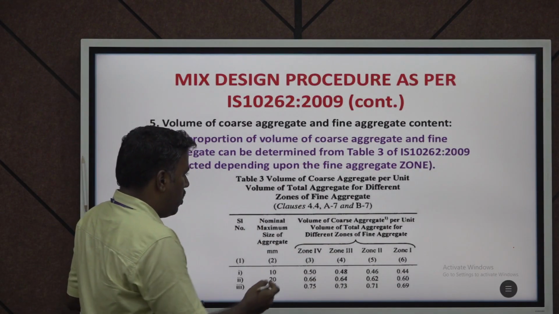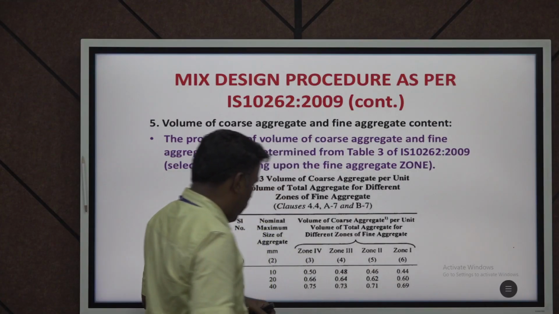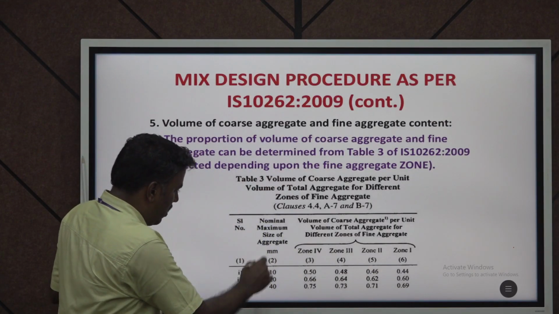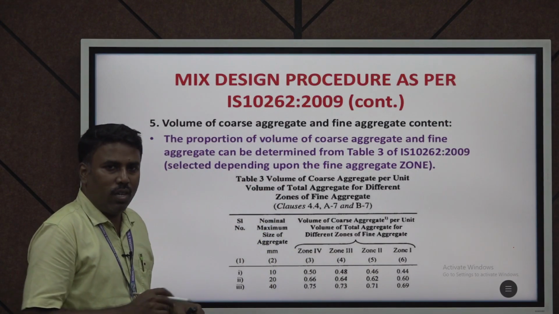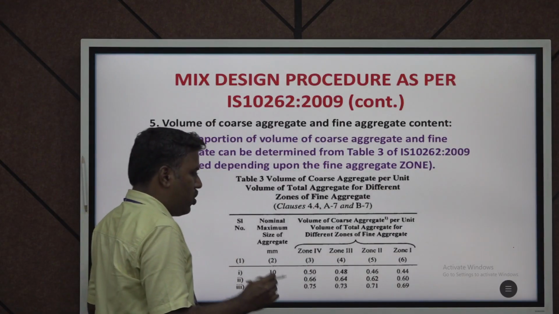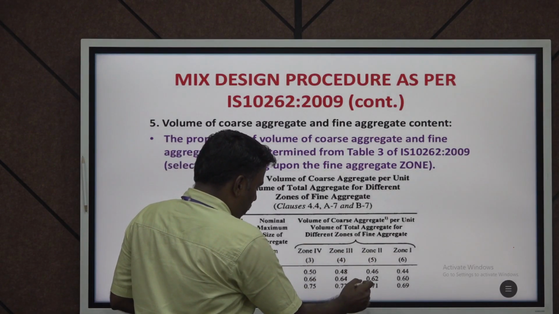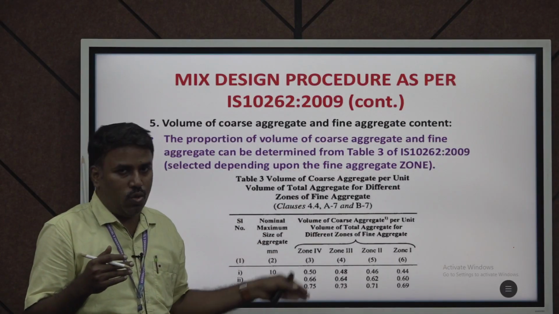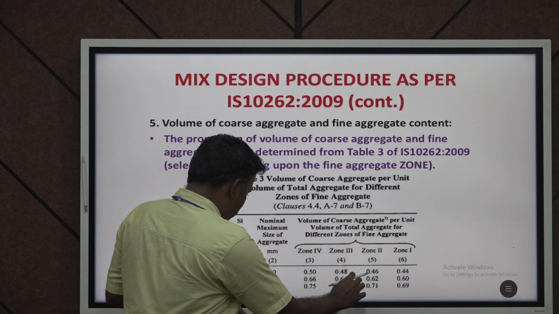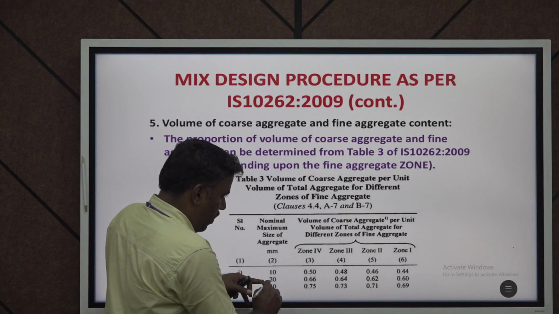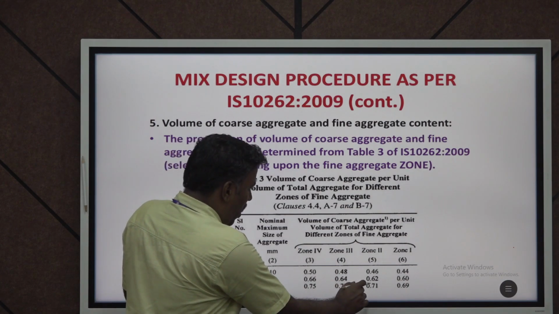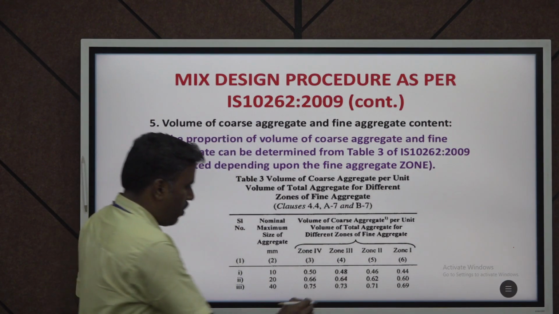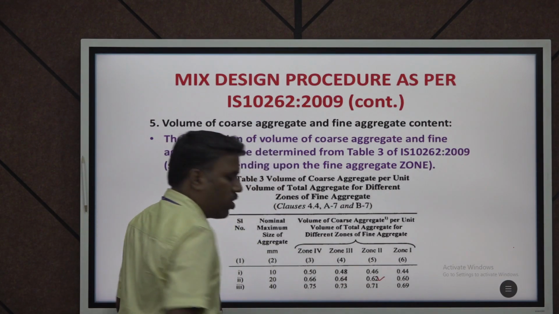In Table 3, 4 zones are given and the size of aggregates is also given. So here we have to check the zone of fine aggregate. Mostly we use zone 1 or zone 2. If it is zone 2 and the aggregate size is 20 mm, then the volume is 0.62.